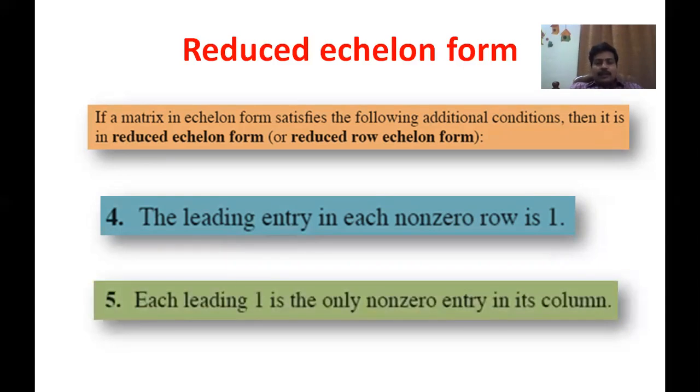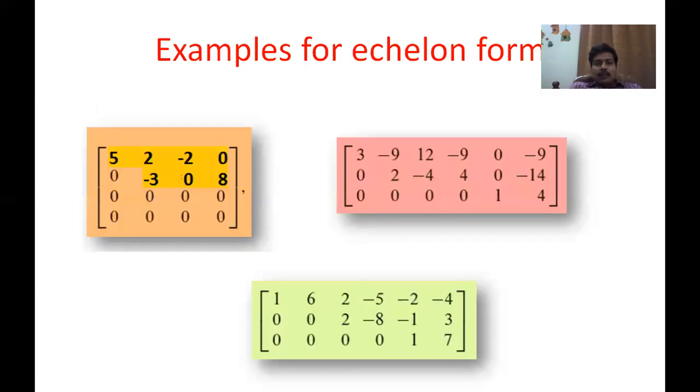And the next one is, each leading one is the only non-zero entry in its column. So that should be the only non-zero entry in its column. These two are the additional conditions on echelon form to become reduced echelon form. So in this one, here we have 3.